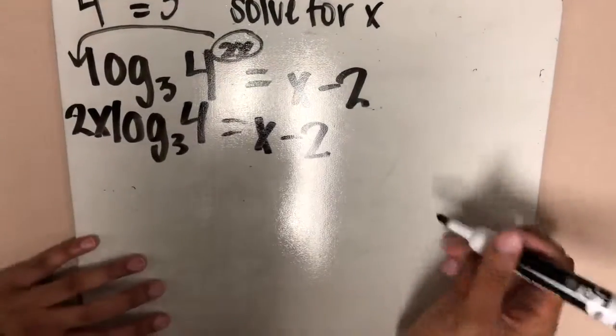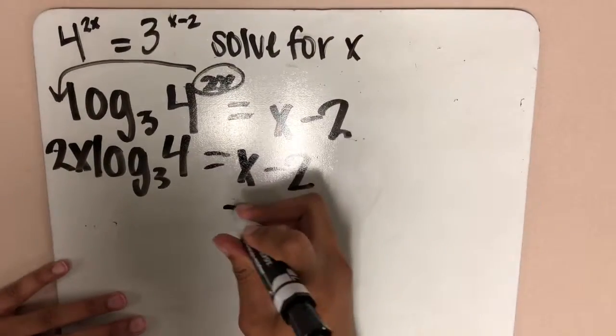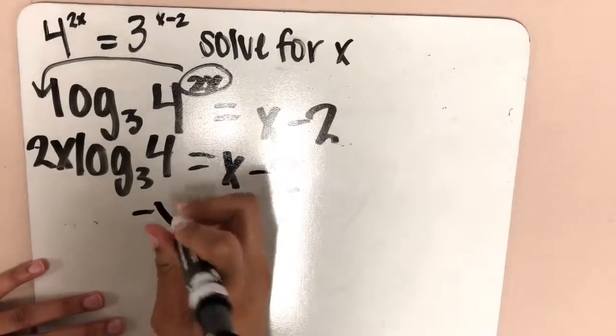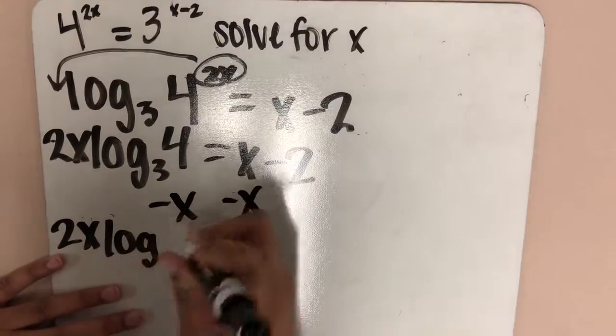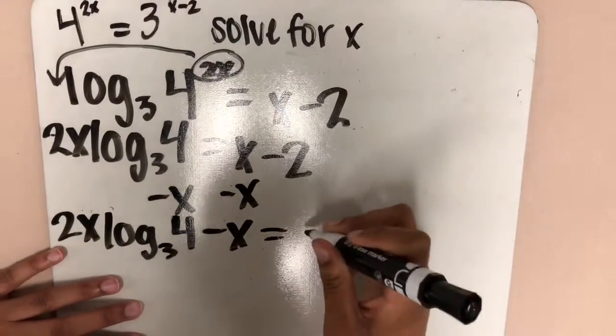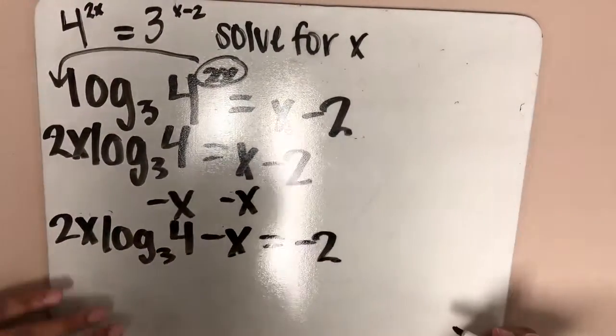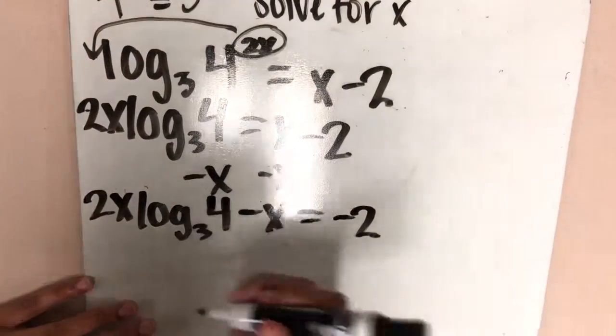Then you're going to want to move the x's all to one side, so you're going to subtract x here and subtract x here. So you have 2x log of 4 base 3 minus x equals -2. And then you're going to take out x from both terms here.